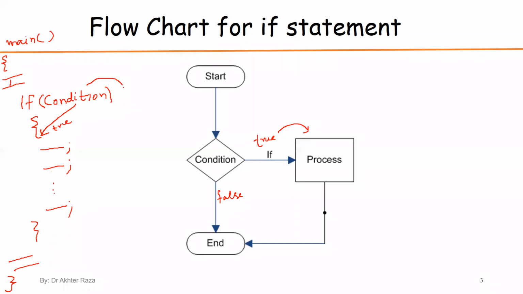If the condition is false, it goes outside the block, where I have this statement. If the condition is true, the block inside the if will be executed. If the condition is false, it goes outside.